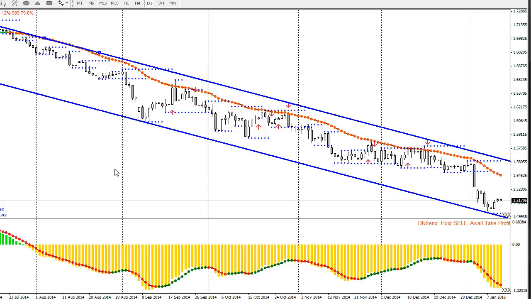So this is the British pound, and this is the daily chart. You've noticed that it pretty much follows the configuration of the euro. Usually, those two currencies sort of are in accordance.